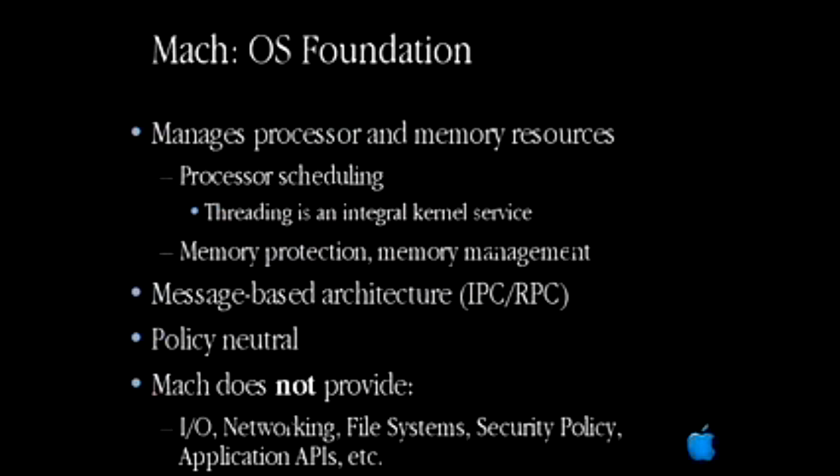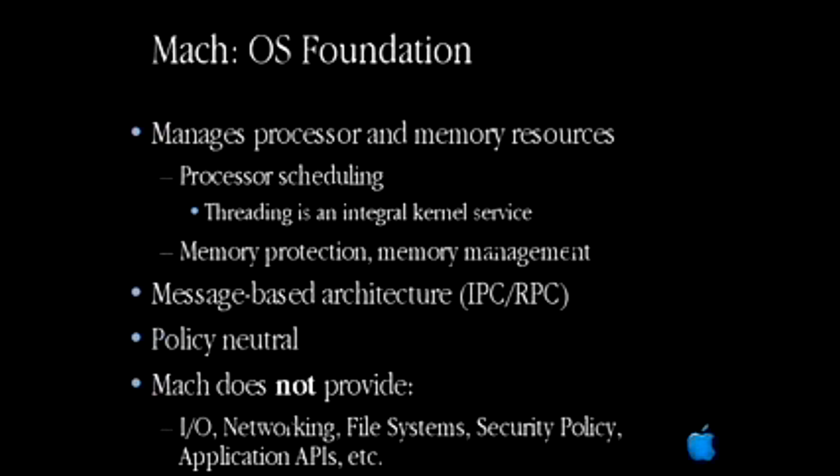So one needs to consider Mach as really an OS foundation. Its role in the system is to manage the processor and the memory resources. It deals with scheduling, handles all the preemptiveness in the system. It deals with the threading of the system. I think it's very important to note that for Mach, the threading granularity is done at the thread level.